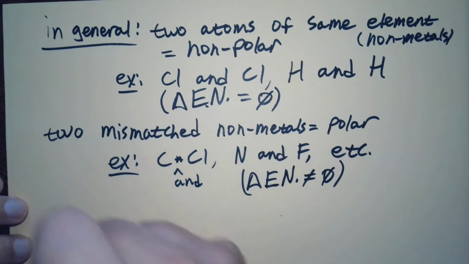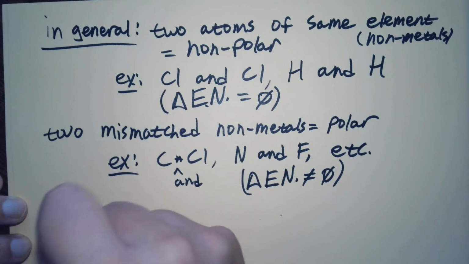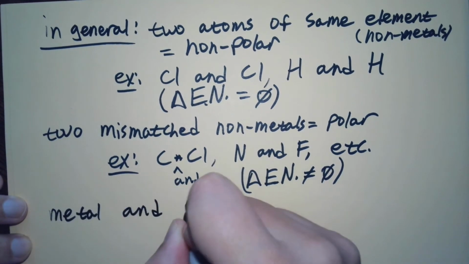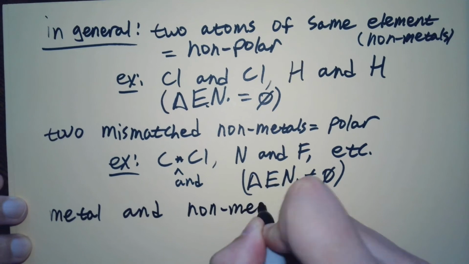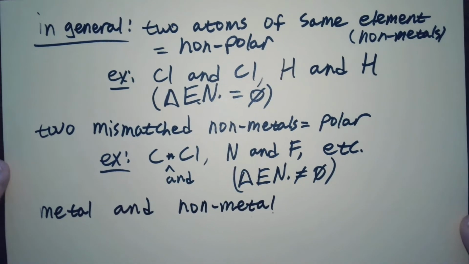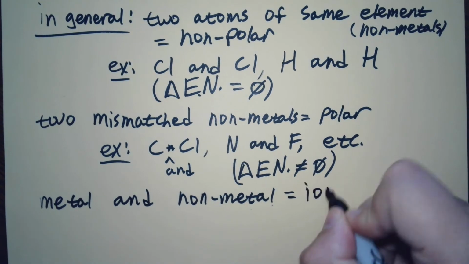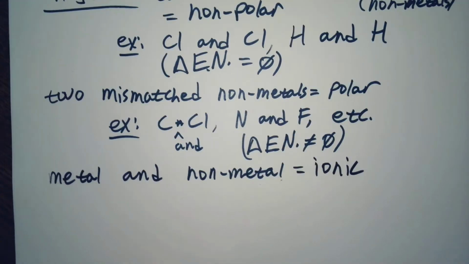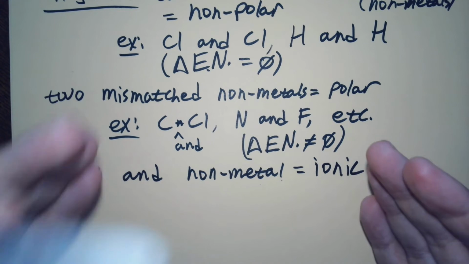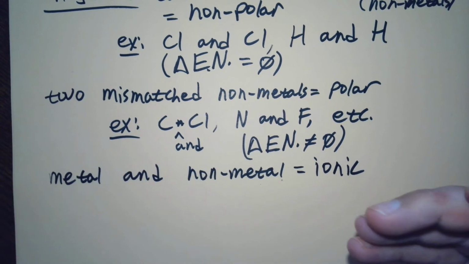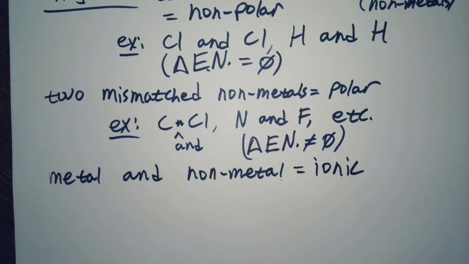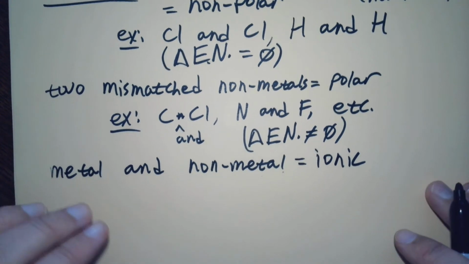So what's left? Well, what if you have, say, a metal and a nonmetal? What does that equal? Ionic. In that case, you got your metal, you got your nonmetal. They're going to share electrons? No, nonmetal. Almost always going to take them away.